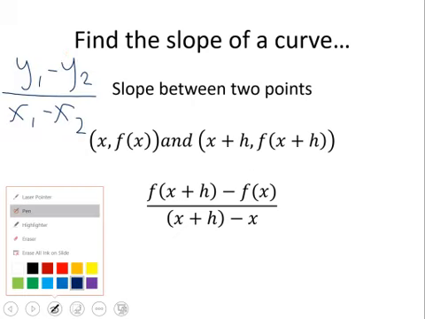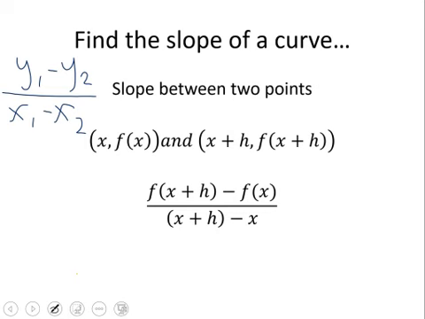Okay, so if those are my 2 points, what's happening with this second one is that we're saying, if our first point was x, y, we want to move a little bit away from x and y to find the slope. We want to be close to it, but we have to have some distance from it. That's what this h is telling us: how far we're going to move away from our original point.